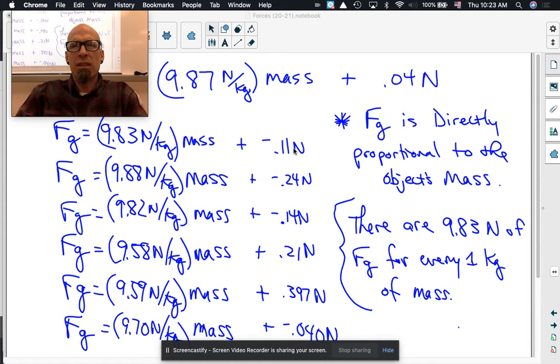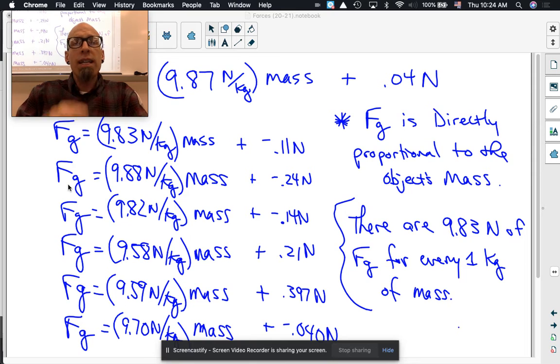That seems odd. If that group put something on the hook of the scale that has no mass, the scale would still read negative 0.24 newtons. What does that mean? What could that mean? Should we have a value?